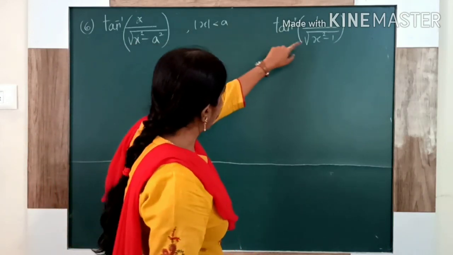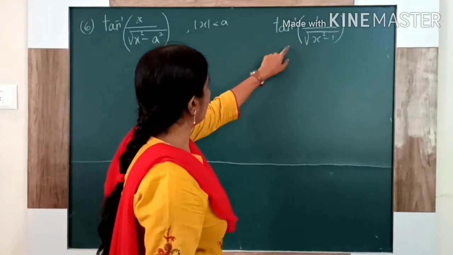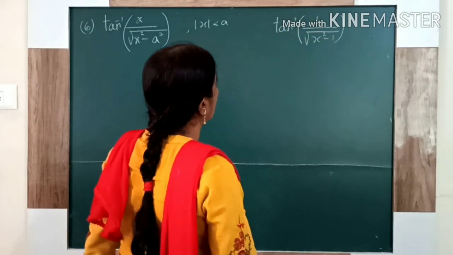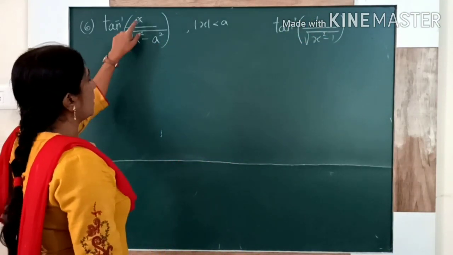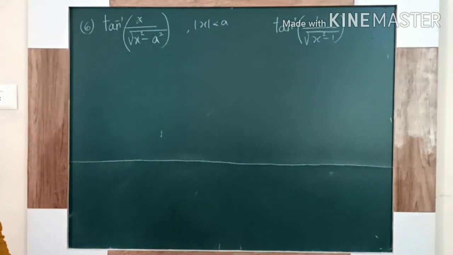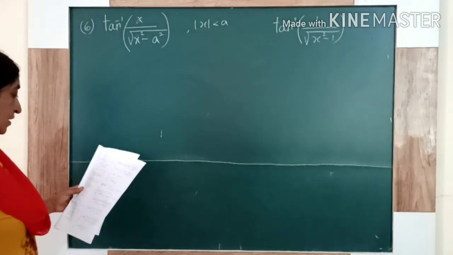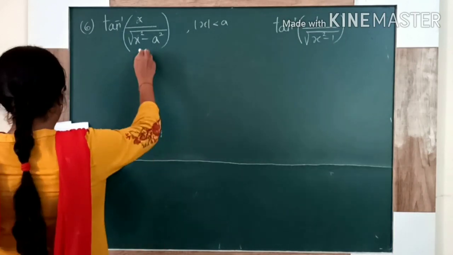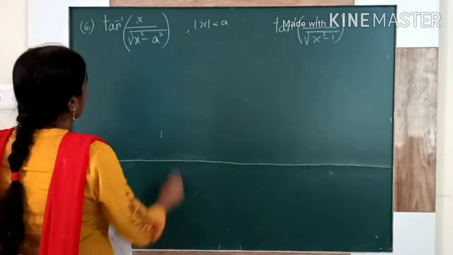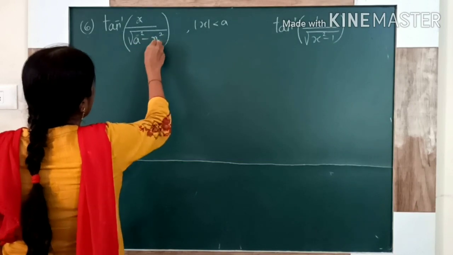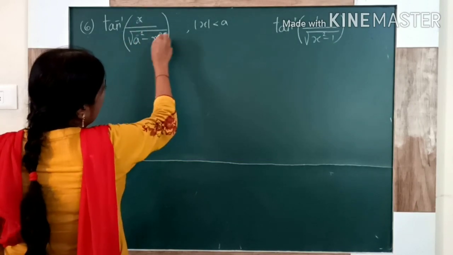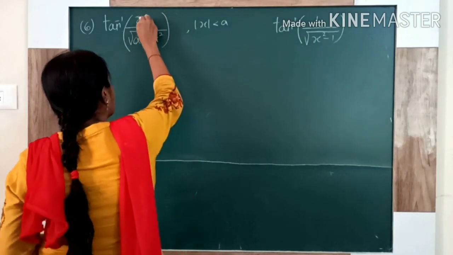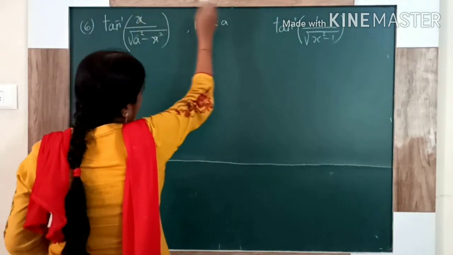Have you observed any difference between these two examples? It is only 1 upon root of x square minus 1, and here it is x upon root of a square minus x square. Have you observed any difference? In the earlier one it was reciprocal, but here we are getting x in the numerator. There is no x there.